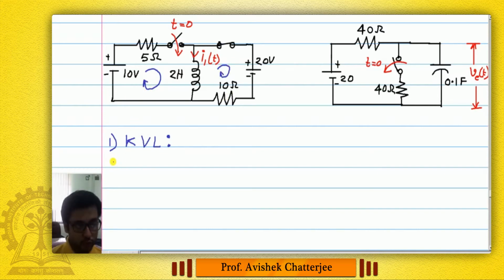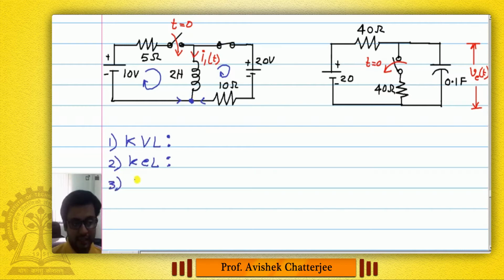That is one rule. Then rule number 2, KCL, which says that the sum of currents entering or leaving one node, one junction, should be equal to 0. That is Kirchhoff's current law.